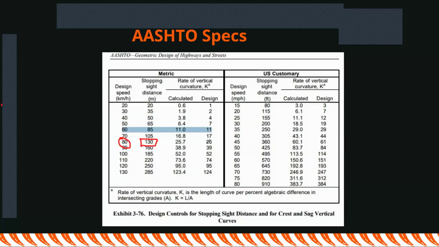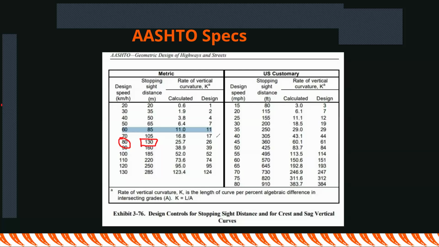So we have known that the stopping sight distance for a speed of 80 kilometers per hour is 130. There is a formula that, of course, is used to calculate it. I don't want us to go into the calculations at the moment, but at least we have the stopping sight distance.